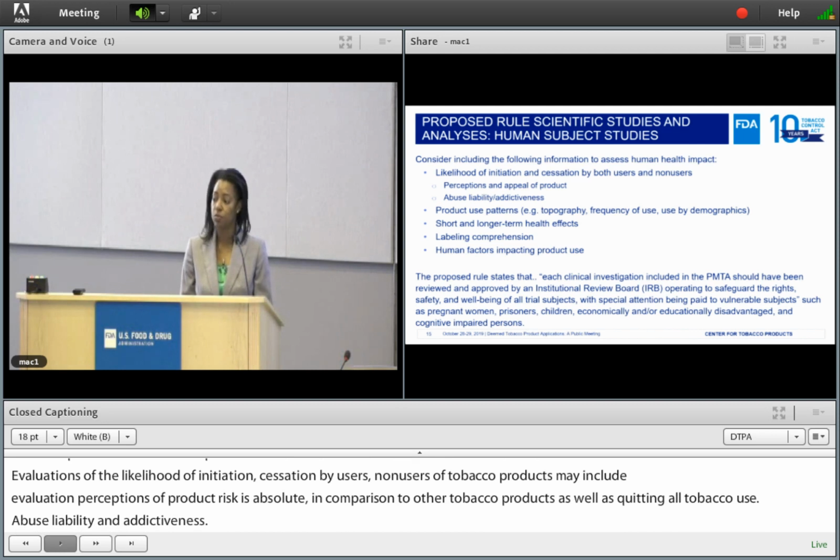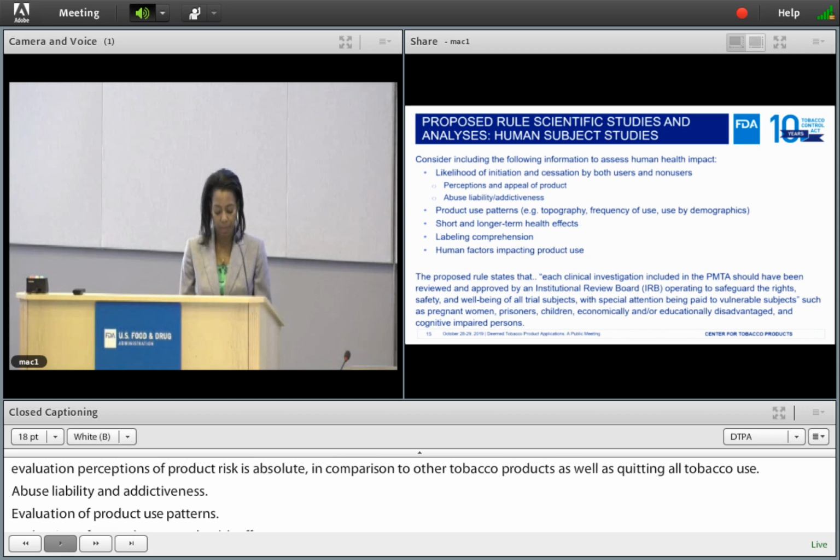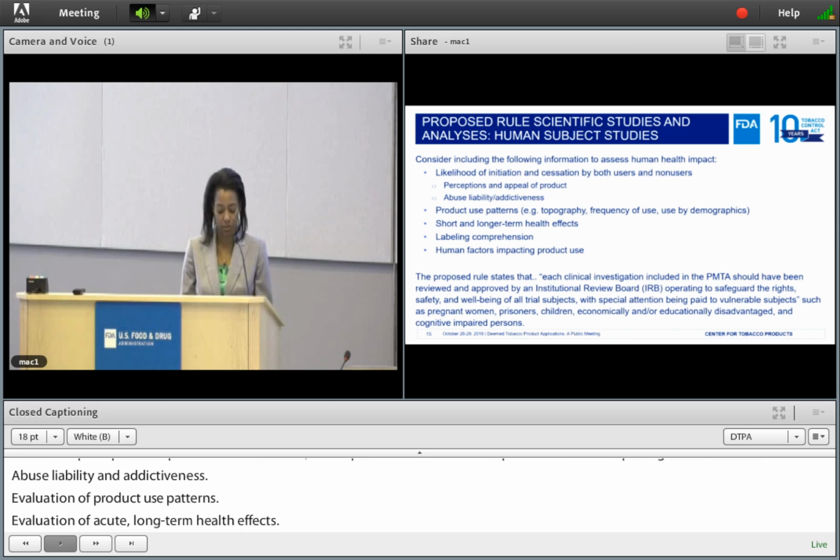The applicant may use biomarkers of harm, biomarkers of exposure, health outcome measurements, or other endpoints, labeling comprehension, and human factor issues impacting product use and misuse.